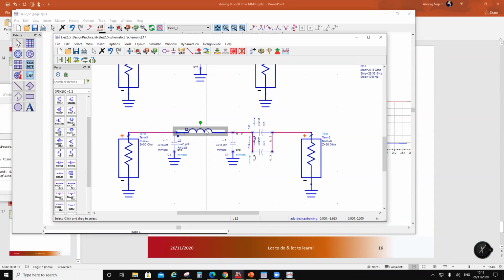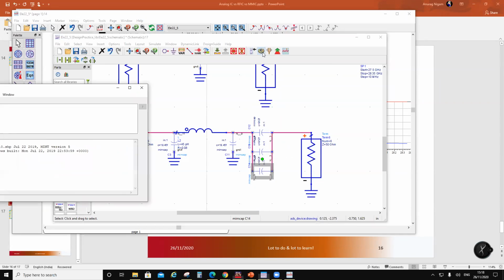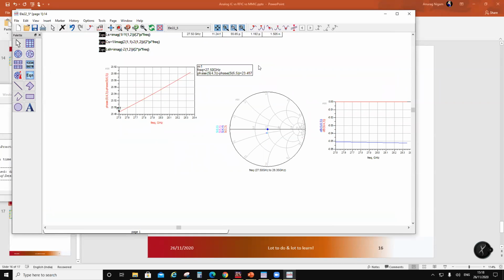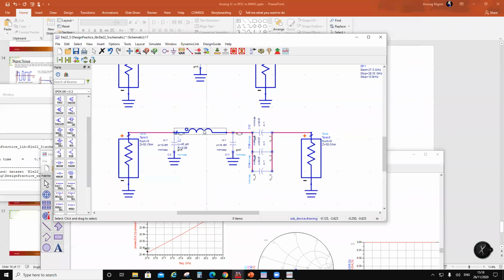Okay, let's put 3 capacitors. This will still allow me to do this. This would be like a very good coupling cap, but I don't think this is going to do much. It doesn't do much actually. 3 capacitors don't do much.